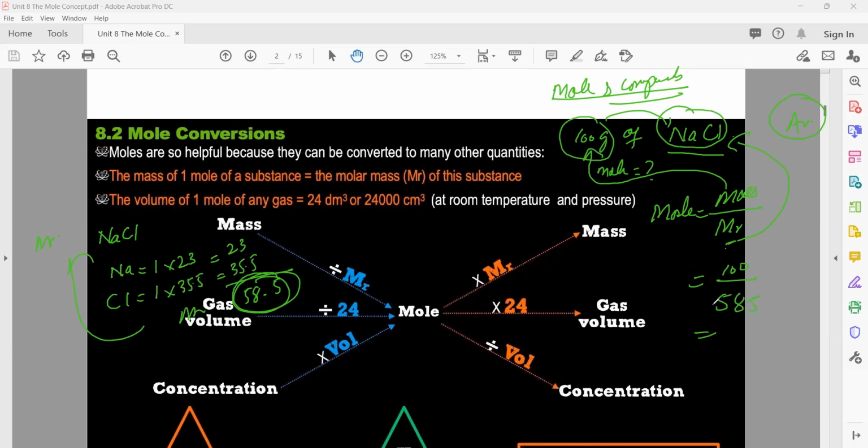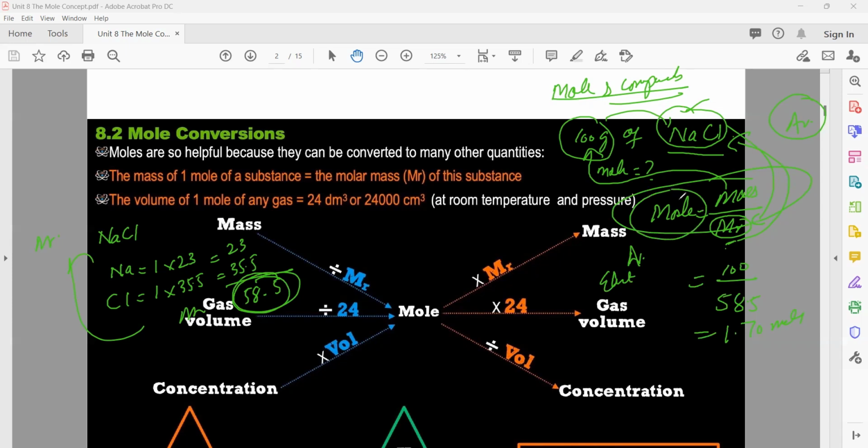When you divide it, it will be 1.70 moles. So the only change in this formula compared to the previous formula is MR. Before you had AR for the element, but now you have a compound, so you have MR. If the mass of any compound is given, by using this formula you can find its mole.